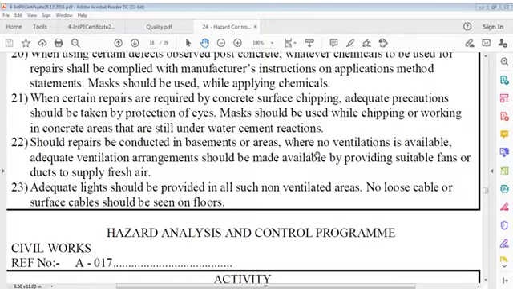Should repairs be conducted in basements or areas where no ventilation is available, adequate ventilation arrangements should be made by providing suitable fans or ducts to supply fresh air.